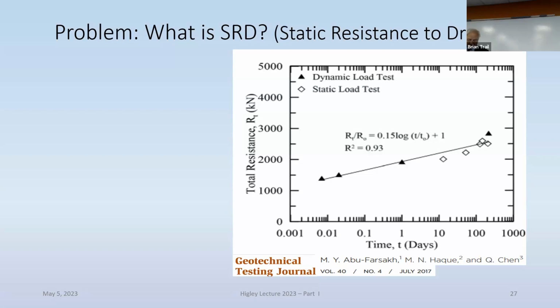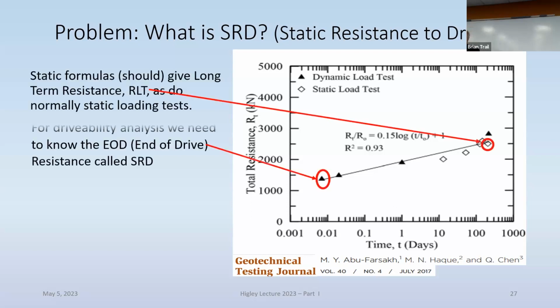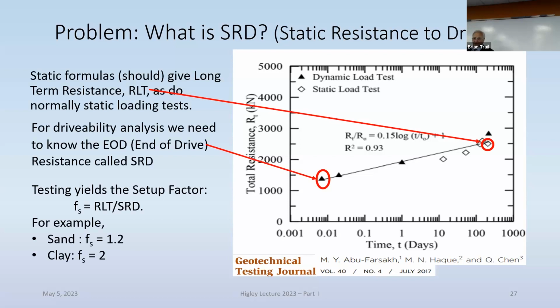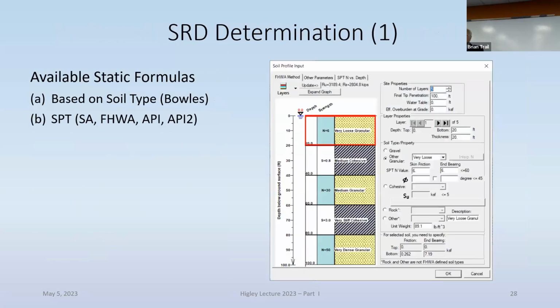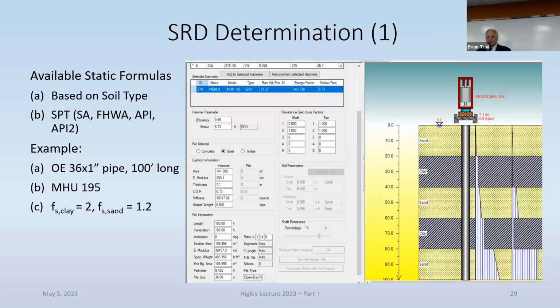What one defines then is the so-called setup factor, which in our practice, if we don't know anything better, is 1.2 for sands and 2 for clays. And so we would calculate with a static formula the long-term resistance and then apply our setup factor to reduce that capacity to an SRD value.